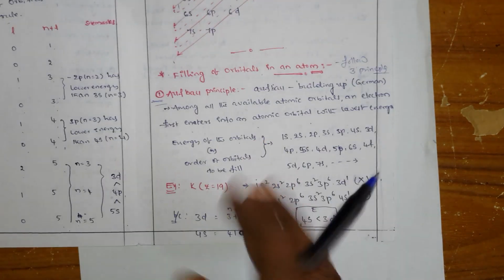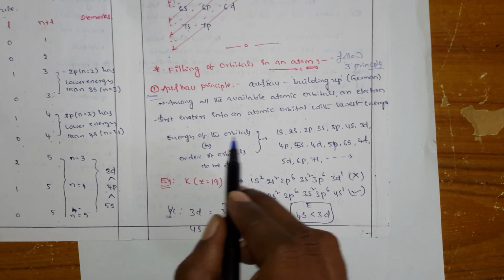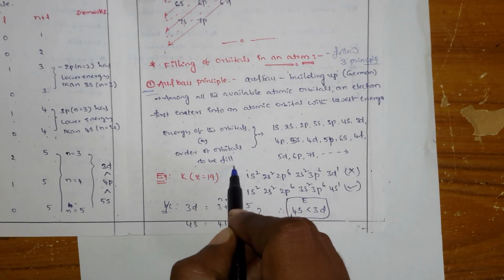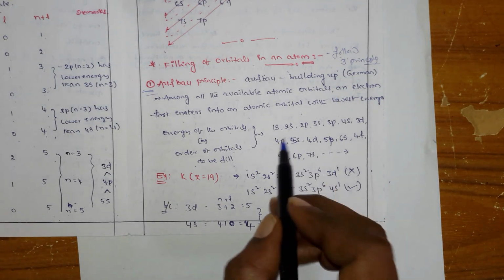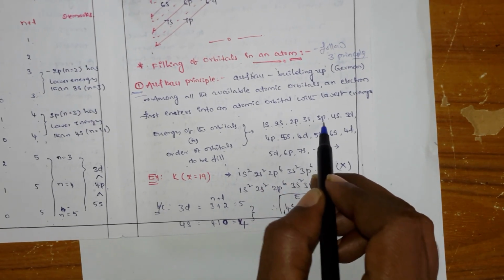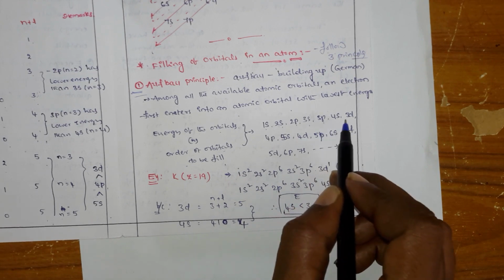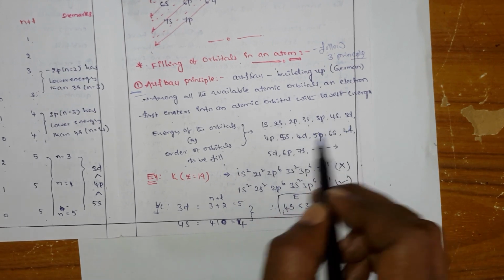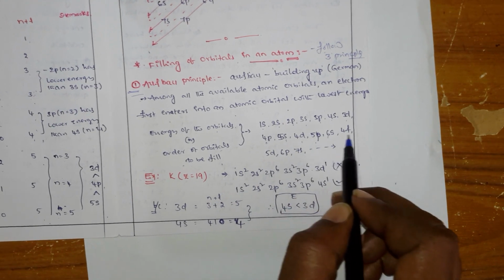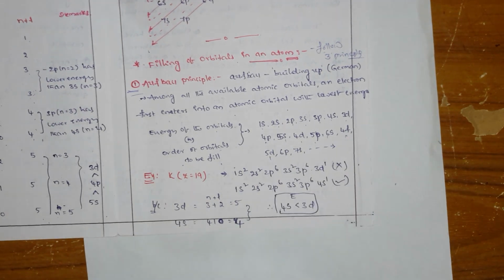Here I am writing the order of orbitals to be filled. How to fill, okay. You have to follow 1s, 2s, 2p, 3s, 3p, and then after that not 3d, it is 4s, 3d, 4p, 5s, 4d, 5p, 6s, 4f, 5d, like this. You have to follow this order.